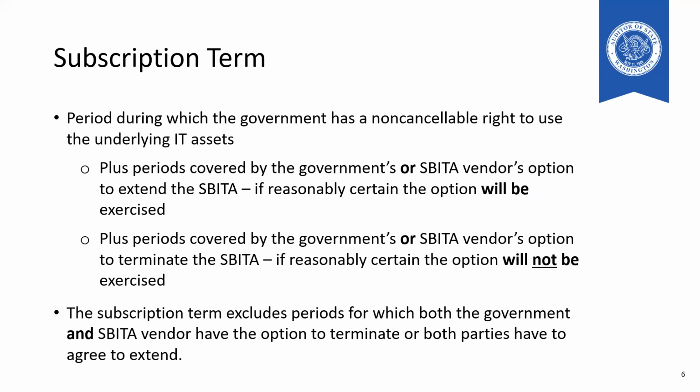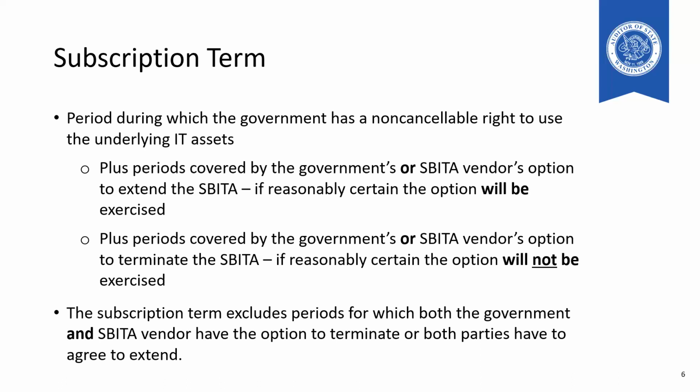One important aspect of the SBITA contract is the subscription term. And the subscription term is basically how long is the software contract. Here are the specific rules for calculating the SBITA term. First, the subscription term will always include the period that you have a non-cancelable right to use the software.